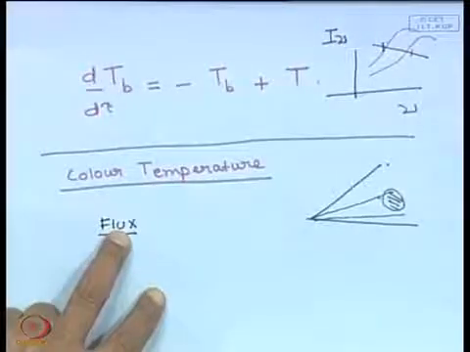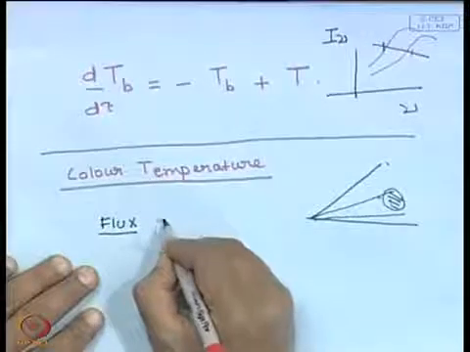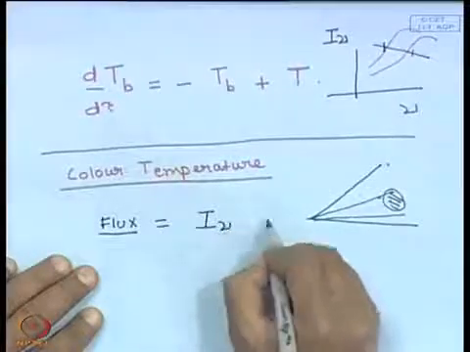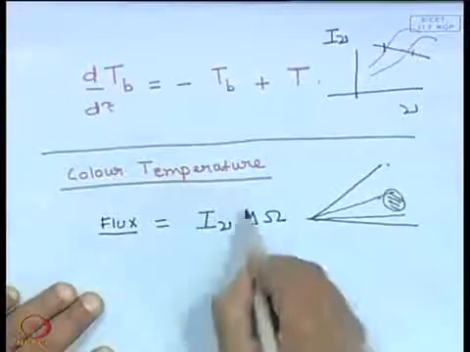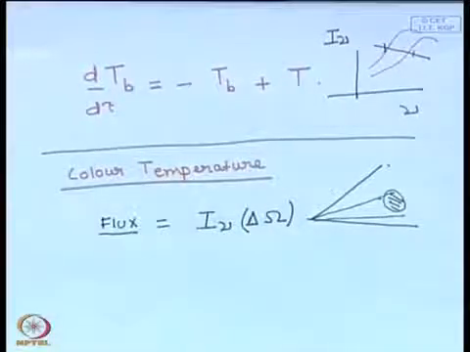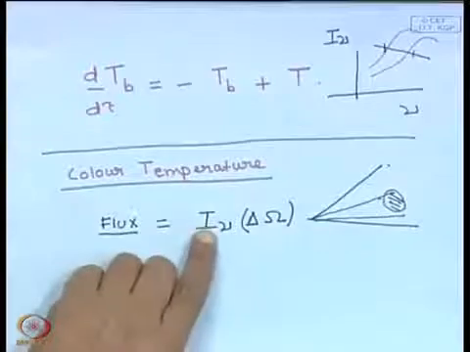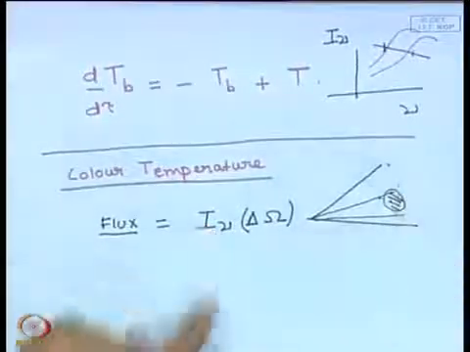So, I can measure only the flux, which is the integral of the specific intensity, that is, the specific intensity times the solid angle of the source. I do not know what this is, so it will remain there as an unknown. Let us assume that the specific intensity is roughly constant over the source.